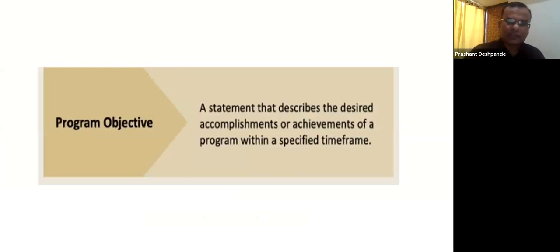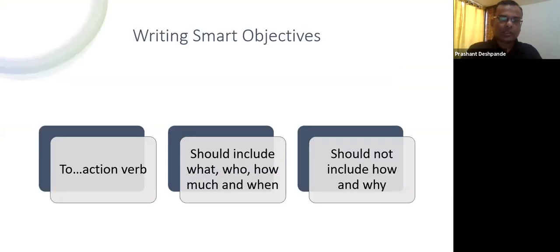They have given a definition of objective. It is a statement that describes the desired accomplishment or achievement. Whatever we want to accomplish or achieve within a specified time frame will be described by the objectives. So when we write SMART objectives, we have to follow these rules.